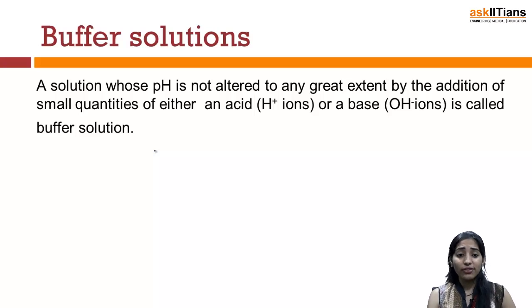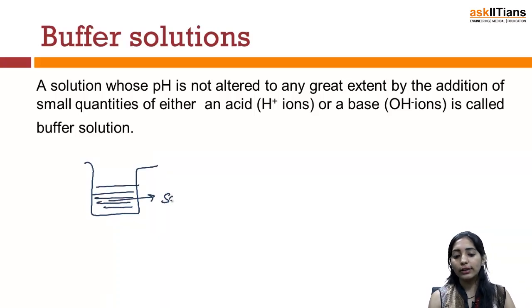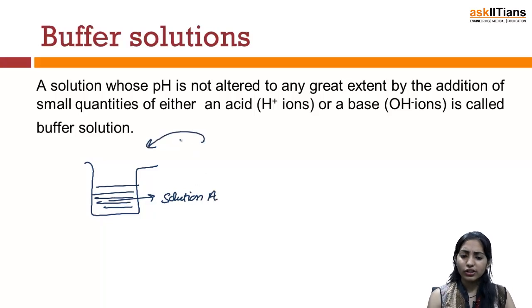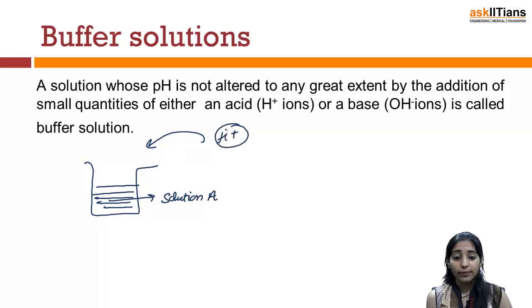To get a physical feel of what a buffer solution means, let's say you have a solution and I call it solution A. If you add a very small amount of acid, that means H positive, to any solution, the pH of the solution should change. Similarly, if you add OH minus to this solution, the pH should change.